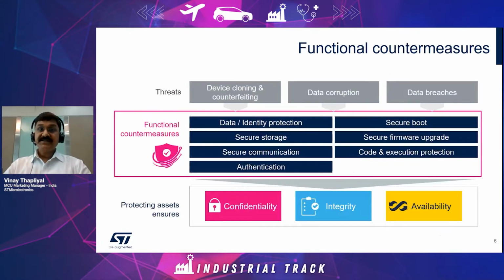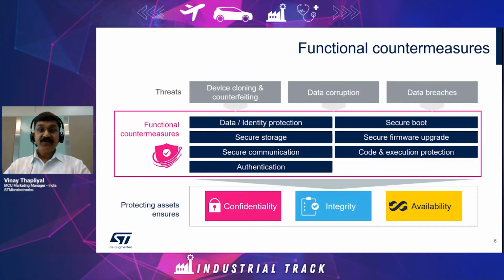So to counter these threats, we rely on various functional countermeasures like data and identity protection, secure storage, secure communication, authentication, secure boot, firmware upgrades, etc. Further, protecting the assets ensures confidentiality, integrity, and availability of data. So what do we mean by these terms?